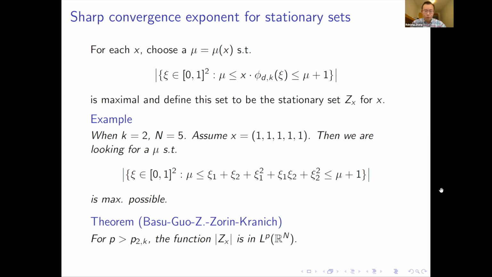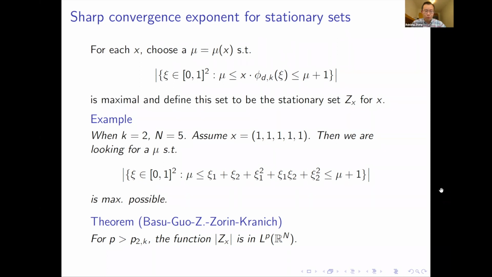We're looking for a mu such that the set of c where mu is less than the sum of 5 monomials less than mu plus 1. So in this case, the polynomial we're looking at is the sum of the 5 monomials, because x is (1, 1, 1, 1, 1) and gives each monomial weight 1. And then we're looking for a mu such that this is maximum possible. And this will be our Z of x for x equals (1, 1, 1, 1, 1).